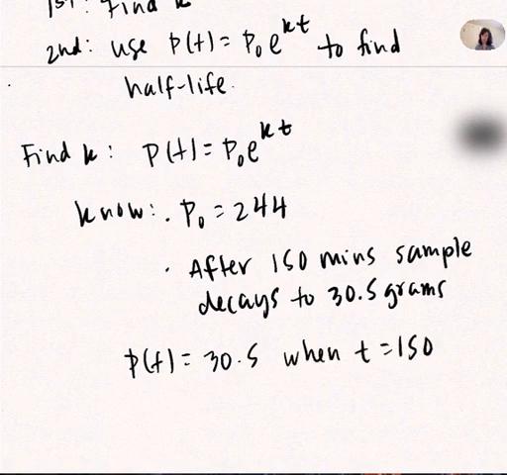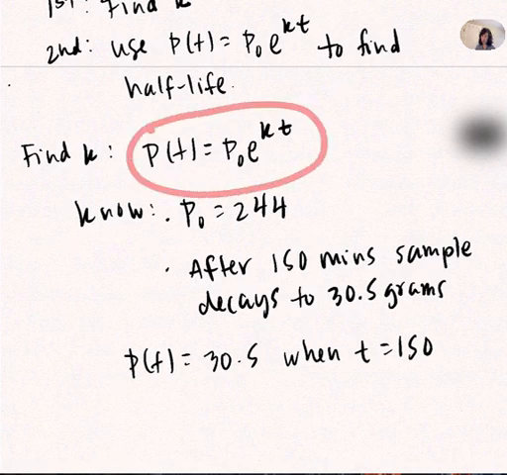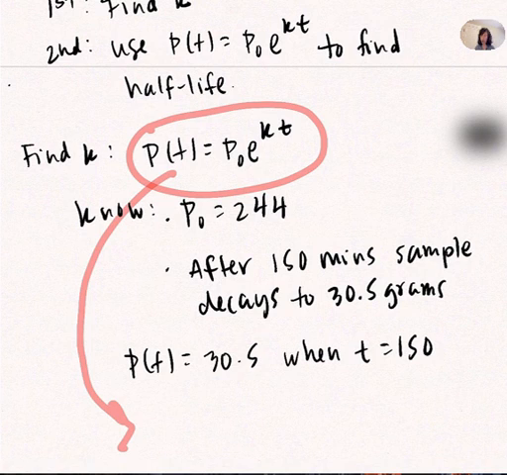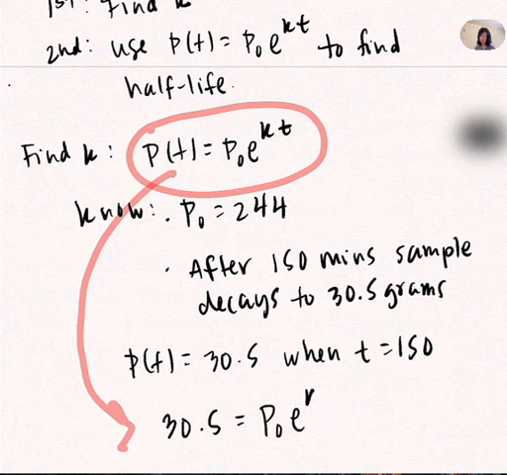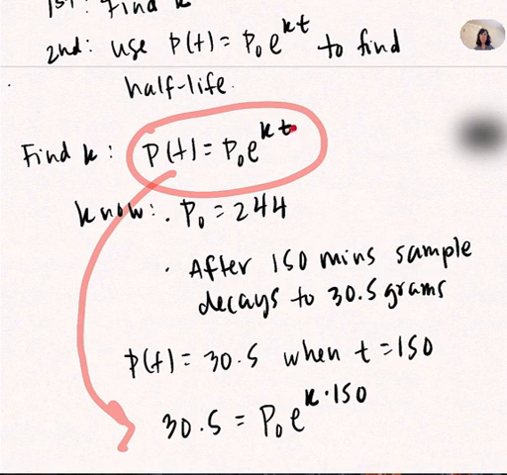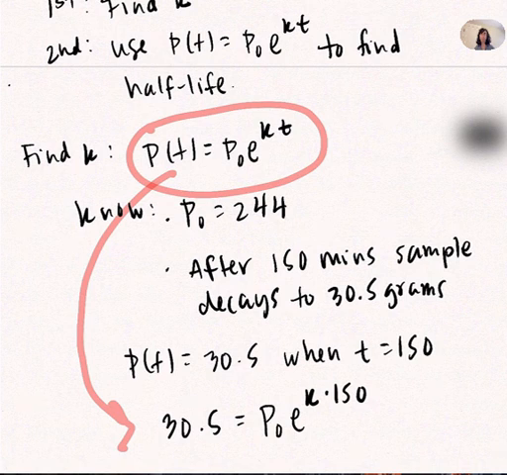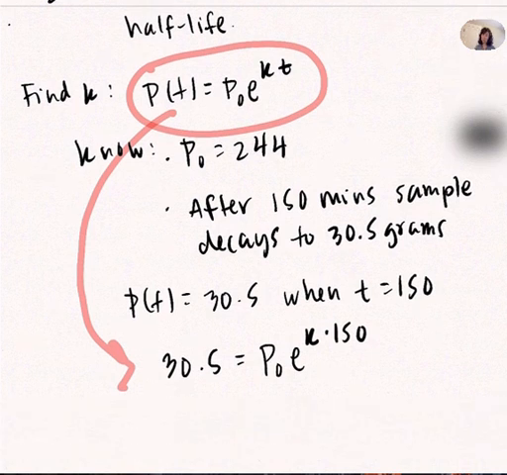Or substituting this into our equation here, we have the output for this function, 30.5, is equal to P naught e to the k times 150. So when I put 150 minutes in for this time spot, I'm supposed to get 30.5 as an output. Now we know P naught, so I can substitute that in here.